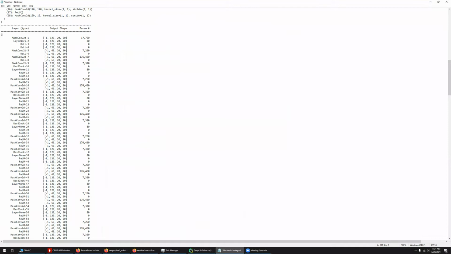Let's say input is 2 by 3 by 20 by 20. I'll just put -1 here for the batch size. Oh, I use different notation. So this is our input.